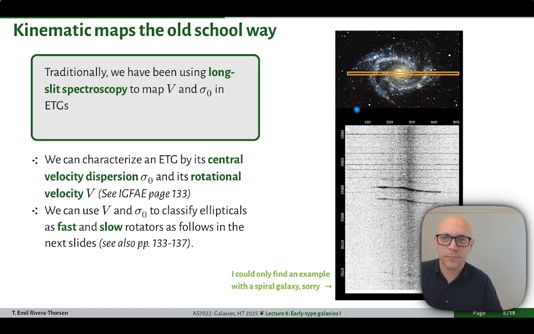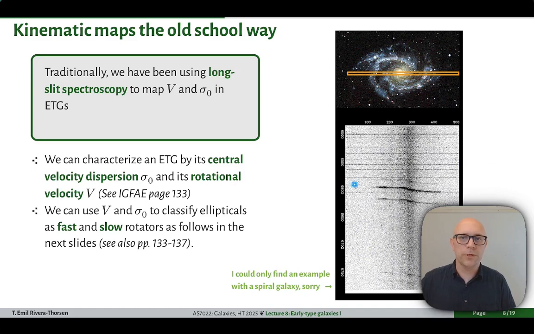So as we move through this galaxy from a higher radius and in towards the center, we see that the light becomes less and less blue shifted, and then it shifts rather rapidly around the center, and then it becomes slightly more red shifted, but settles at these more or less constant velocities that we have seen in previous lectures.